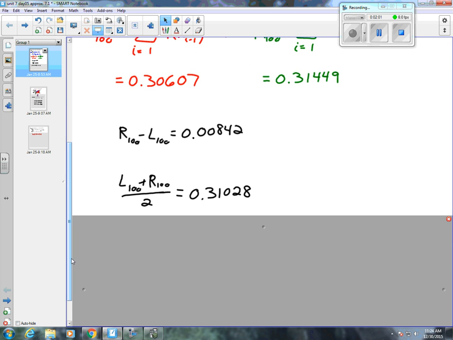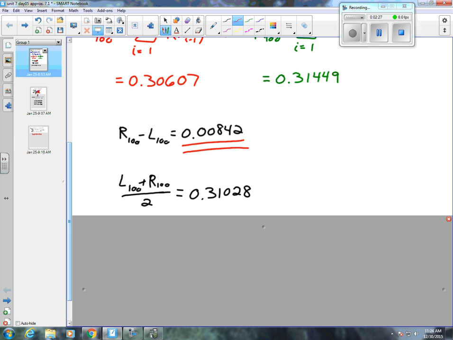If I average my left and my right approximations, I get 0.31028. Now, if I use that as my estimate for the integral, then that tells me that the actual integral has to be within half of 0.00842.